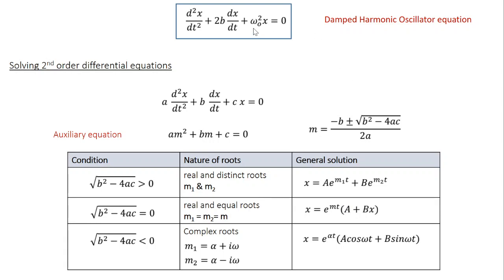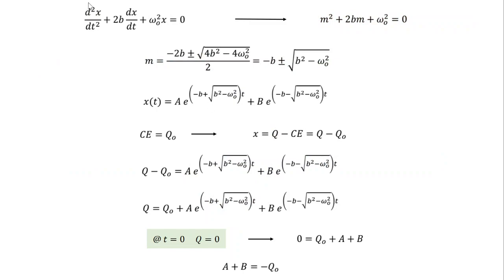Now coming back to our original LCR equation. We have d square x by dt square plus 2b dx by dt plus omega naught square x equal to 0. Write down the corresponding auxiliary equation. First you have m square plus 2b into m plus omega naught square equal to 0.